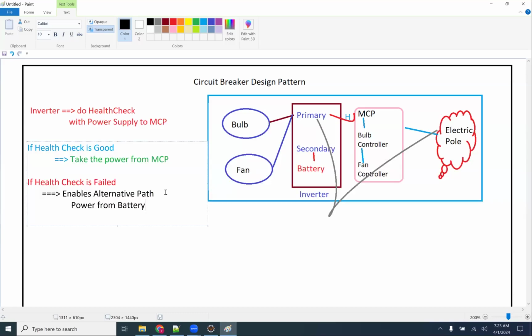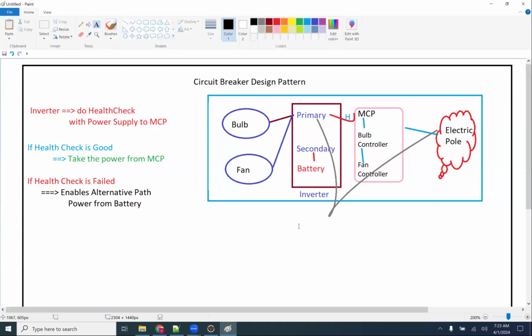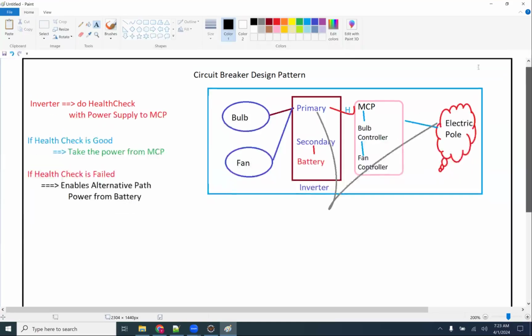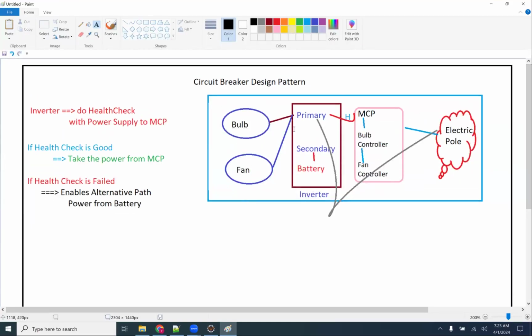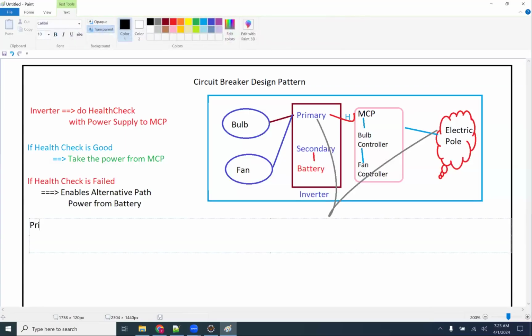Okay. So what exactly is the algorithm here, guys? What is my main algorithm? Primary path is MCP, right? The main logic is here. Primary path is MCP, the main control flow.